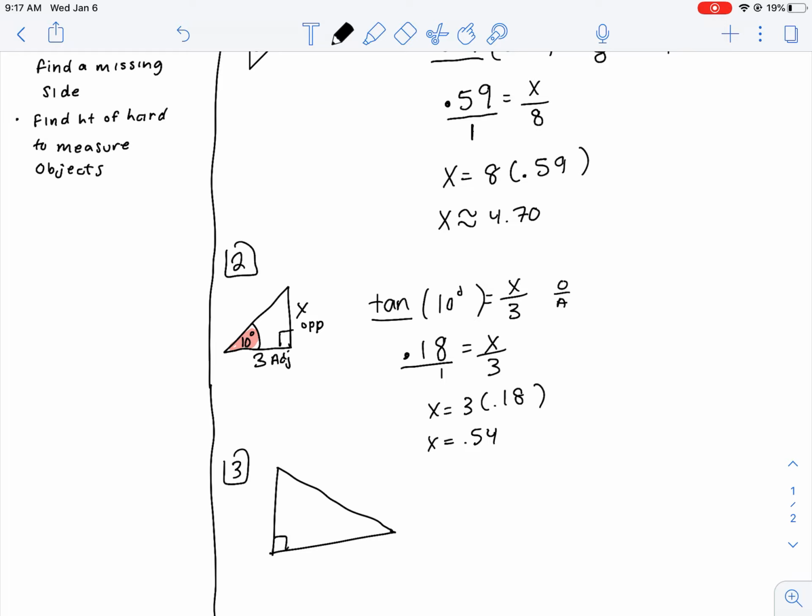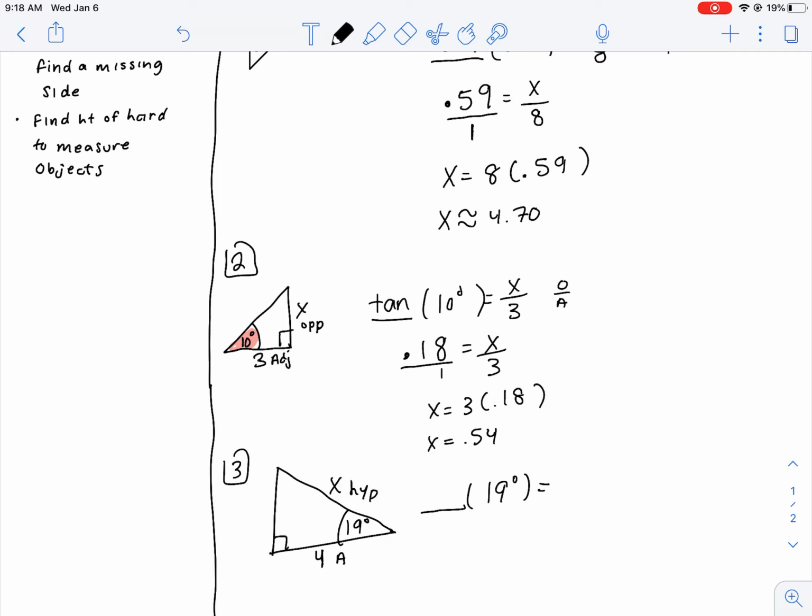All right, so let's try this one now. What do you know? Well, we have an angle, which is 19 degrees. The x is opposite the 90, so that's the hypotenuse.